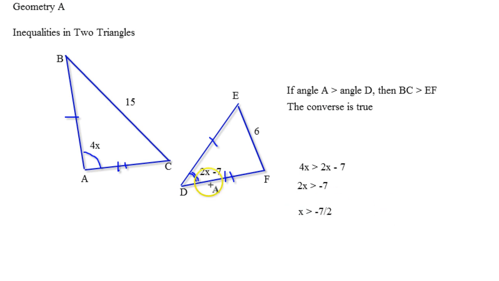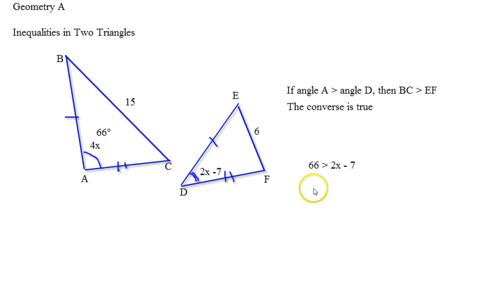So that's x. But what possible values could I actually have here? Well, I would actually need to have a measurement value here. So let's say that this was 66 degrees. So I'd need to start this problem over again and replace this 4x with 66.